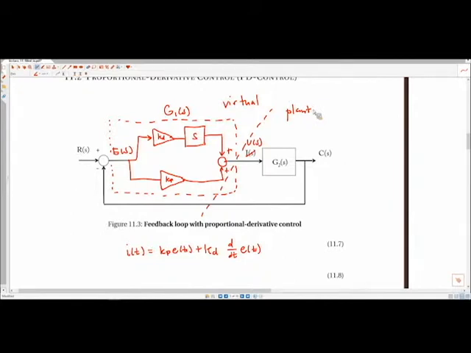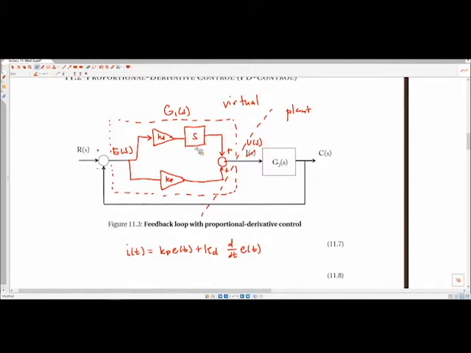Inside the computer, at every single time step, before all we had to do was take the error signal and multiply it by a constant, which you've done all the time in whatever programming language you're comfortable in. Now we have to take the derivative of that signal at every time step and multiply it by a constant as well. So it's an extra operation, but perfectly doable.